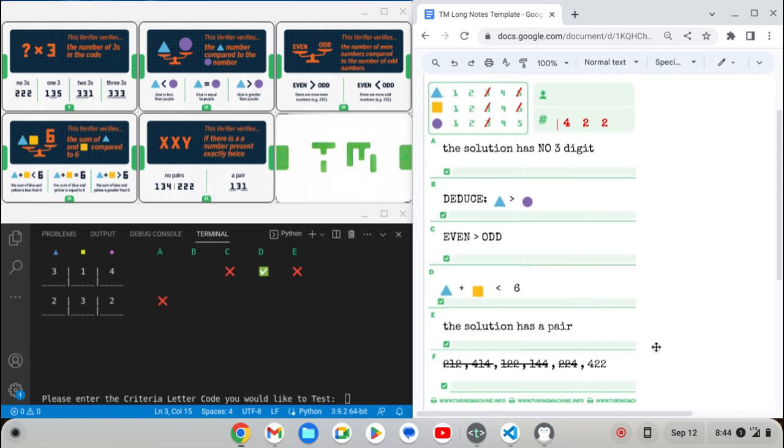But yeah, I did type up 224, but not 225. But that would have been the same thing. I would have eliminated 225 as well, because all of these are where triangle is smaller than circle.